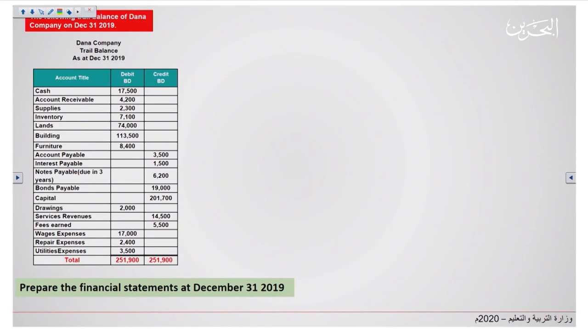Moving to the second activity, we have here balances of Dana Company. It is for the period of December 31st, 2019. They want us to prepare the financial statements, which means the three financial statements that we have talked about.